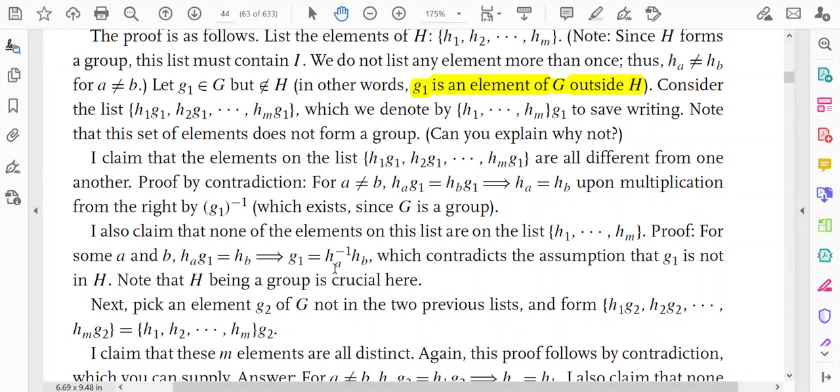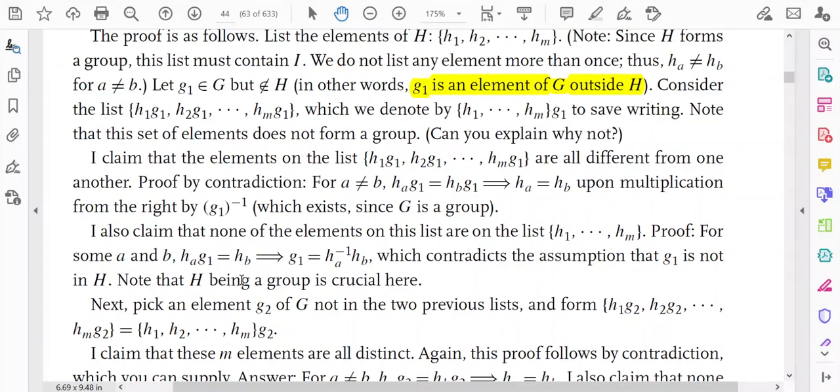Now Ha and Hb are elements of the group H, so Ha inverse is also contained in H, and the product Ha inverse Hb should be an element of H. So as g1 equals Ha inverse Hb, this suggests that g1 must be in H, but it contradicts our assumption that g1 is not in H.